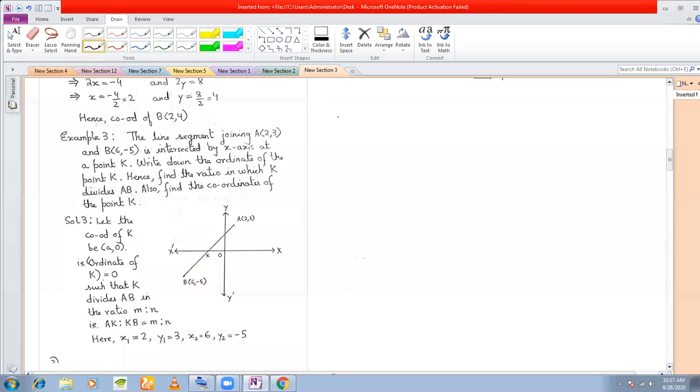Let us see the third example. Okay, here, let me just draw this once again. You have your x and the y axis given here. This figure is not given to you.